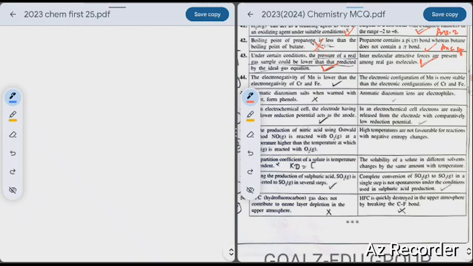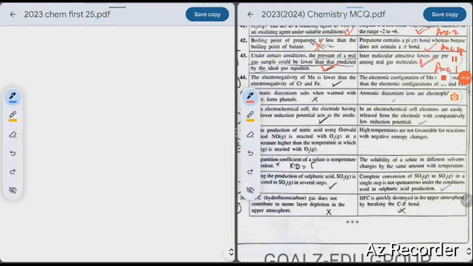And this second answer explains the first answer well. So why is the pressure of a real gas sample lower than the pressure of an ideal gas? The reason is the presence of intermolecular attractive forces among the real gas molecules. So both answers are correct, and the second explains the first. Therefore, answer is 1.